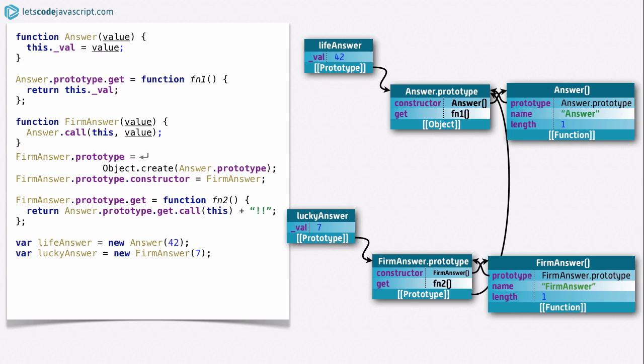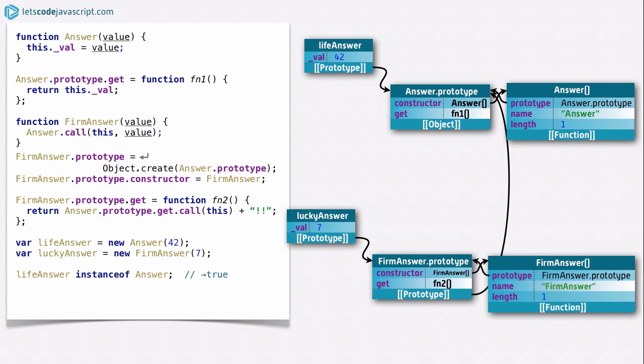It's often convenient to know which class was used to instantiate an object. To achieve that purpose, JavaScript has a keyword, instanceof. The way this works is it looks at the prototype of a constructor and compares it to the object. And this is actually a little hard to understand unless you see it, so let me just show it to you. We can ask if life answer is an instance of answer.